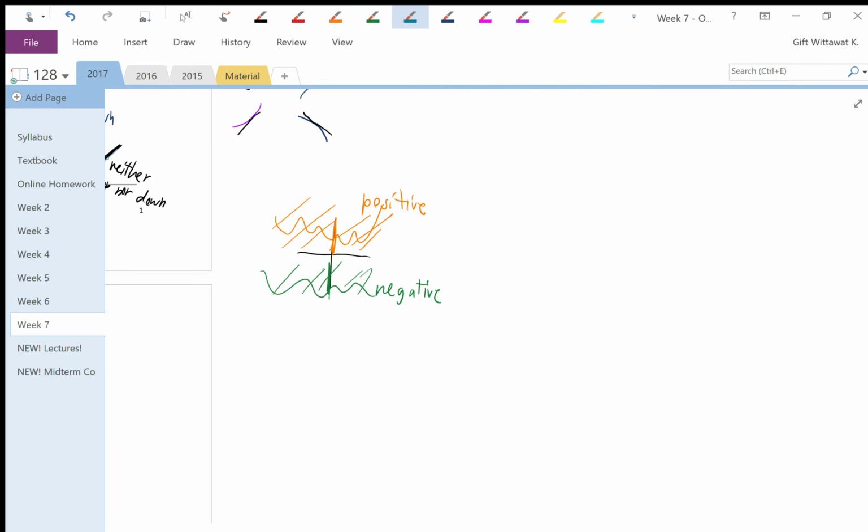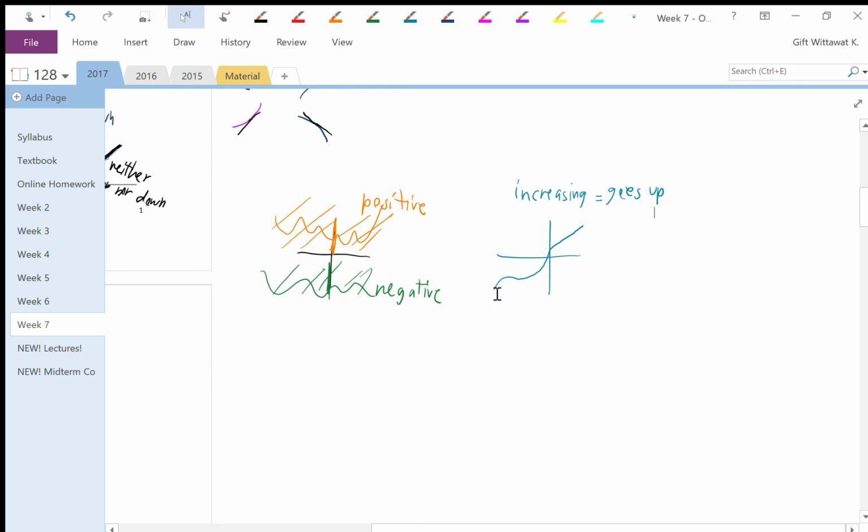A function is increasing when it goes up. It doesn't matter where the location of the function is.